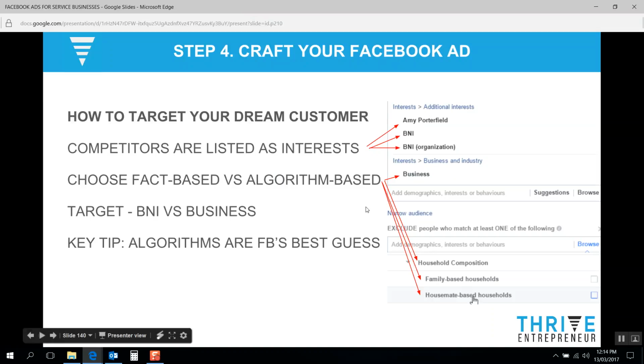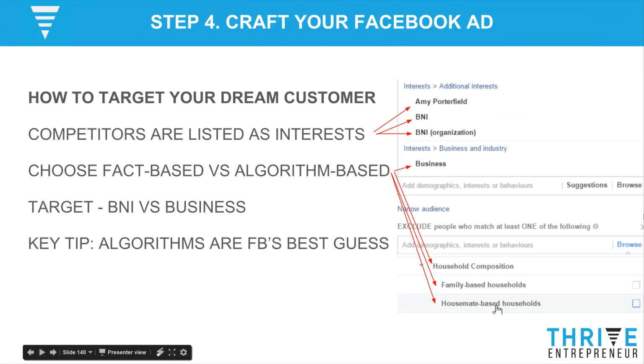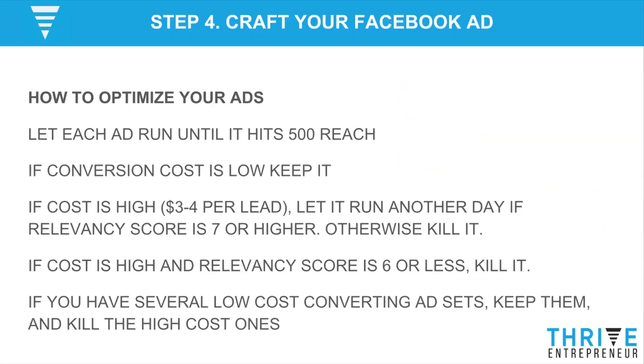They work with businesses every day, have business meetings and run referral programs. Whereas business just says people are interested in business, so it doesn't give you much to go off. The key tip is that algorithms are Facebook's best guess, so go for fact-based and your competitors first.